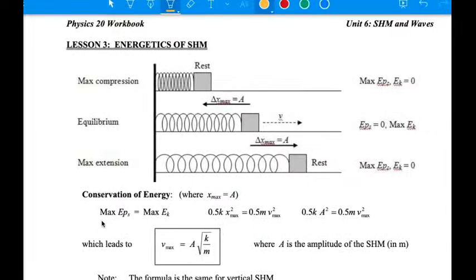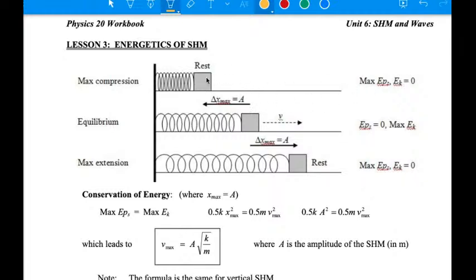Now we're going to look at the energetics. We already looked at dynamics. So with energetics, we're always thinking about work and energy and joules. So let's take a look at something that's fairly familiar by now, this horizontal spring system undergoing simple harmonic motion.